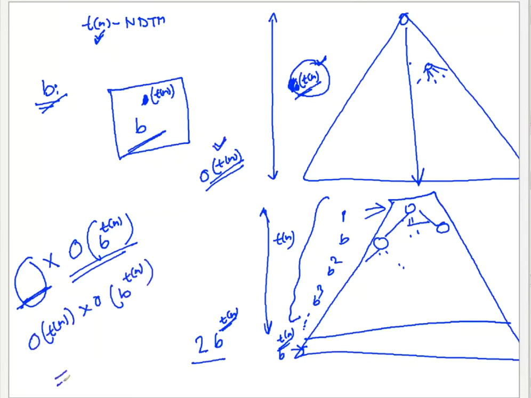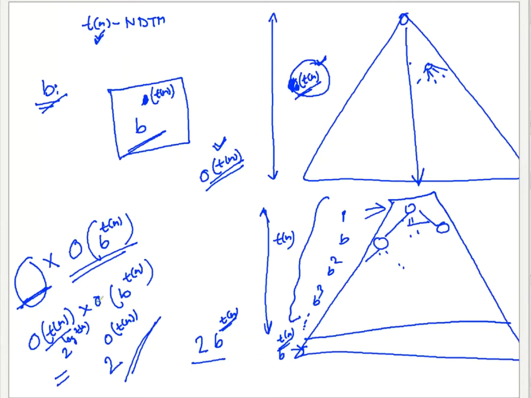Now you can write this as 2 to the power log Tn, and this b you can again convert into base 2. So altogether this will come down to 2 to the power order of Tn. This is log Tn, and when you convert into base 2, it is still 2 to the power order of Tn.